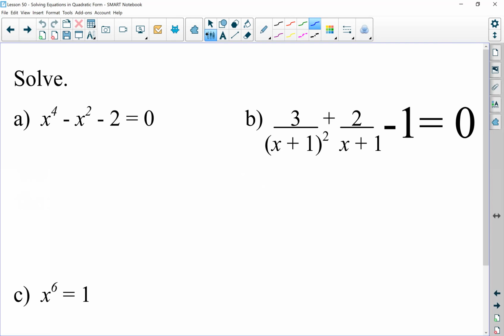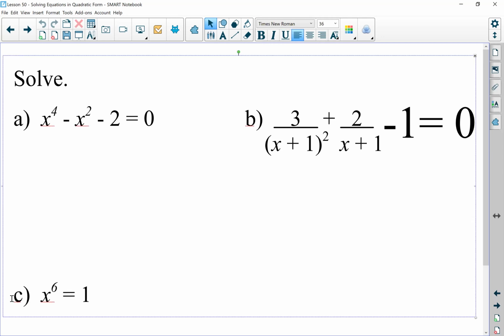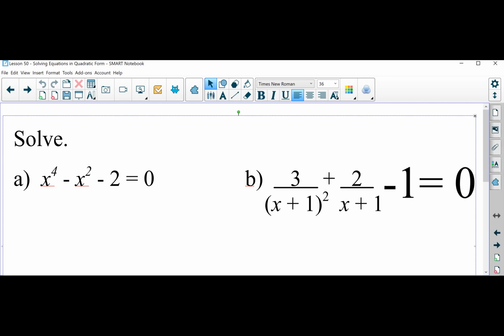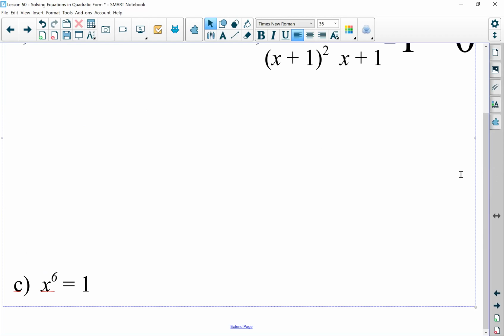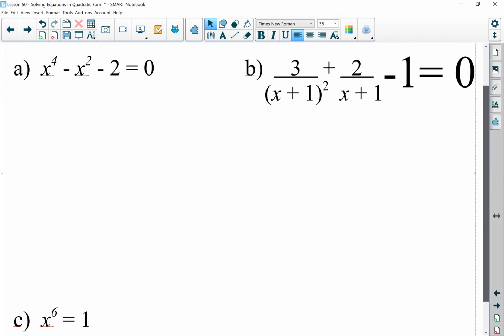And then x to the sixth equals 1. I think I'm going to need a little bit more room, so I'm going to space that last one down a little bit.